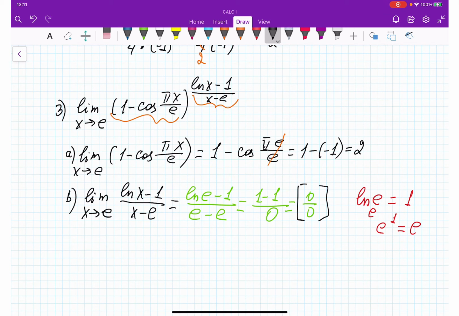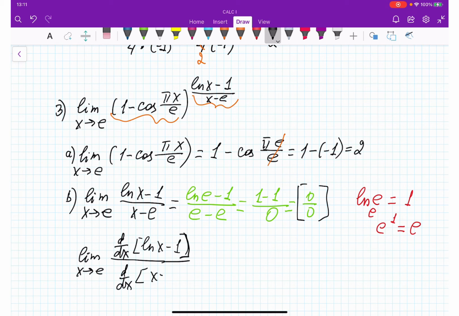Therefore, we can apply L'Hopital's rule. So that is equal limit x approaches to e. Here we have d by dx natural logarithm x minus 1. Here we have d by dx x minus e.